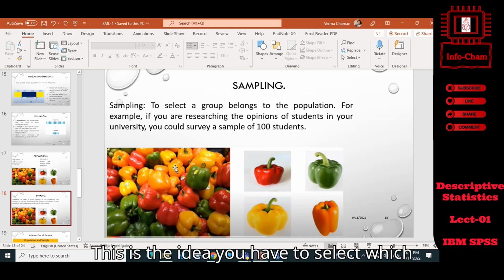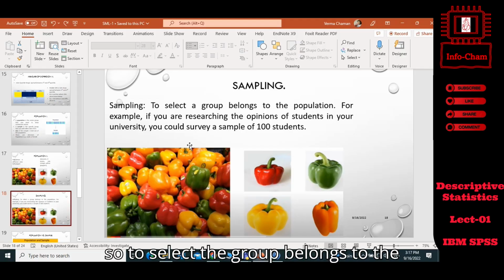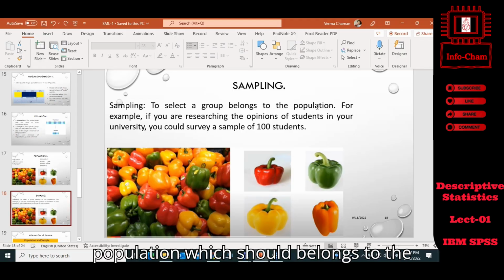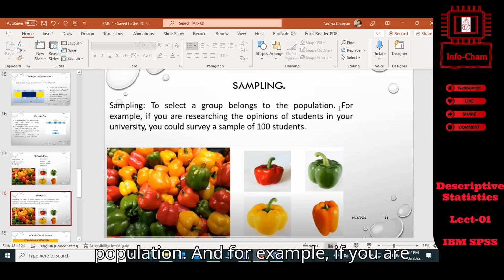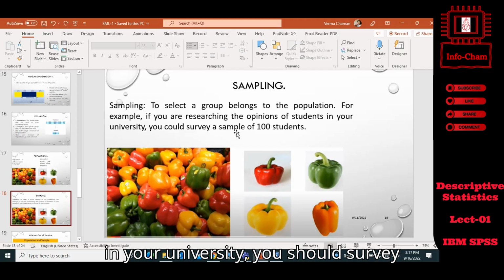This is the idea. You have to select what is in the majority. For example, if you are researching the opinion of the students in your university, you should survey a sample of 100 students, which will represent all.